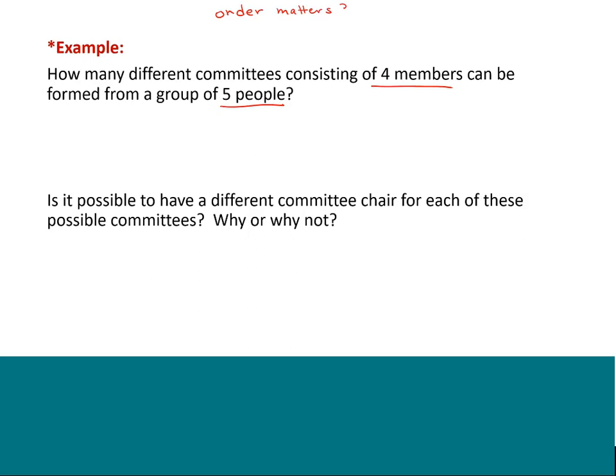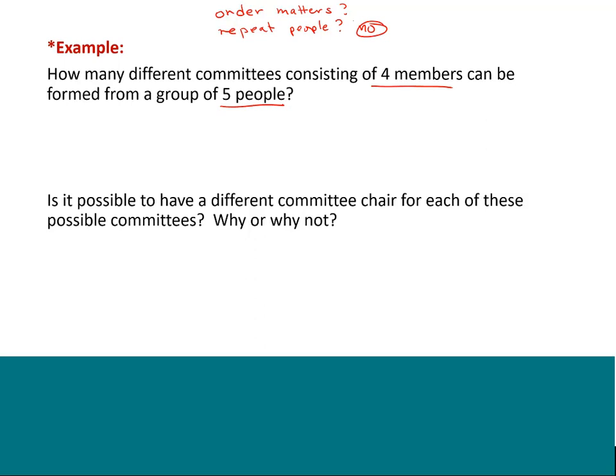And are you allowed to repeat people? Well, if you actually pick 4 people from a group of 5 people, if you pick somebody twice, that's not actually picking 4 people, that's picking like 3 people. So you can't repeat people, so no would be the answer for that one.